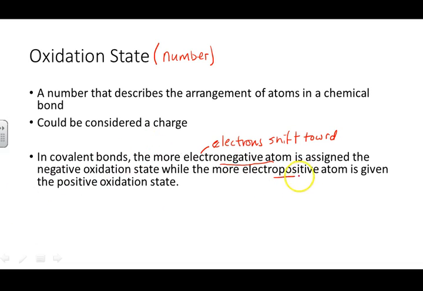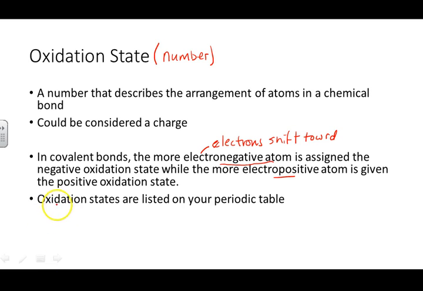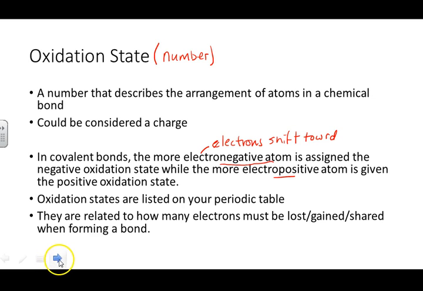So more than likely, when we have a scenario like that, we could have a polar covalent bond, for instance. The oxidation states that we will use are listed on your periodic table, but we'll also go through an exercise to show how to determine those oxidation states a little bit later. They are related to how many electrons must be lost, gained, or shared when forming a bond.